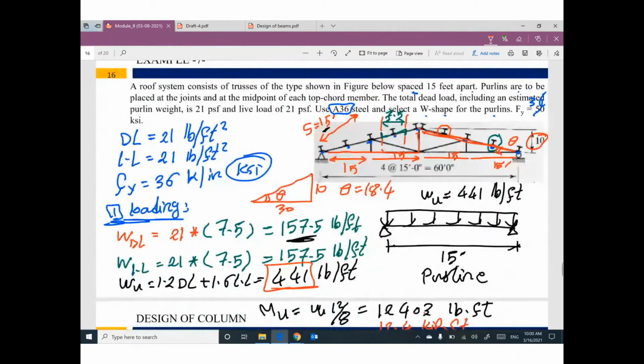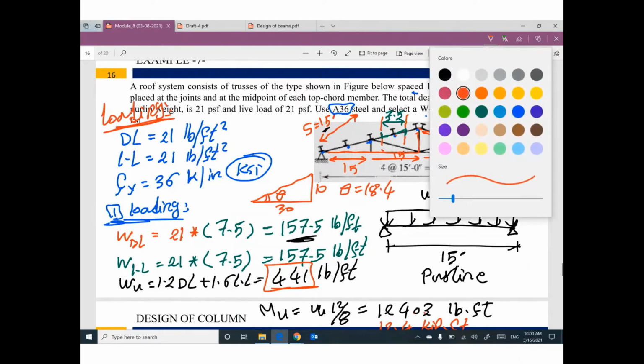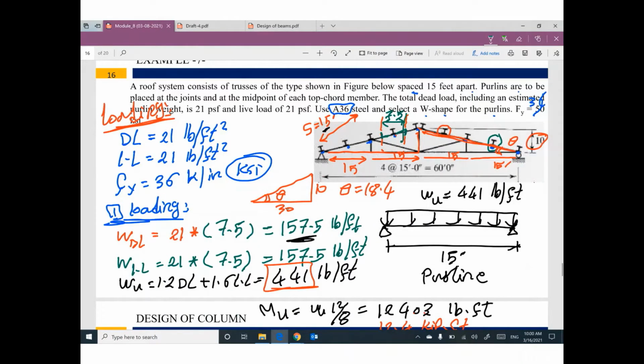One more time. From loading, each purlin is supporting from center line to center line. So what is the distance? This distance will be multiplied by dead load, which is pound per square foot, and the live load, which is pound per square foot. So I can convert this surface load to distributed load.